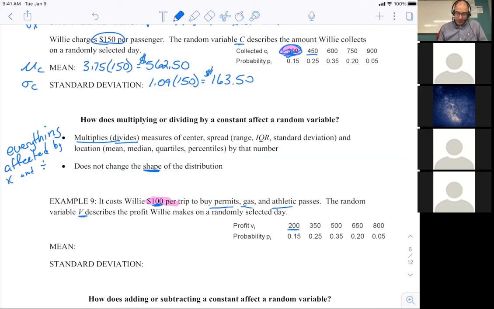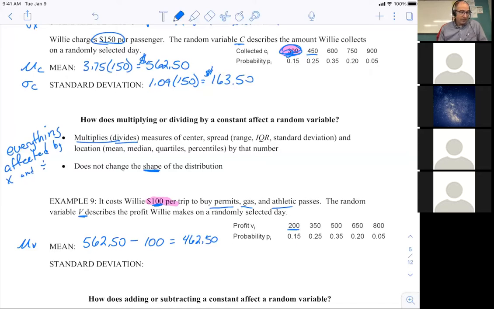So we let V describe whatever V is. I'm not sure why we chose V. But the mean of V then is just going to be my mean of $562.50, that's how much I was making in profit, my previous mean, minus the $100. And that's going to give us $462.50.